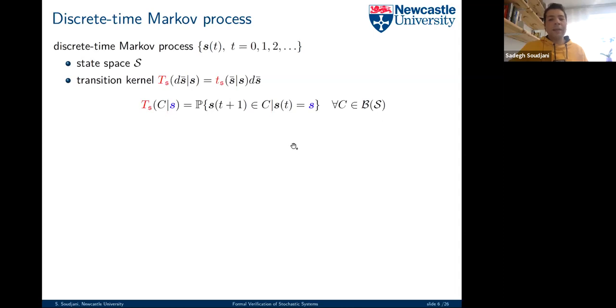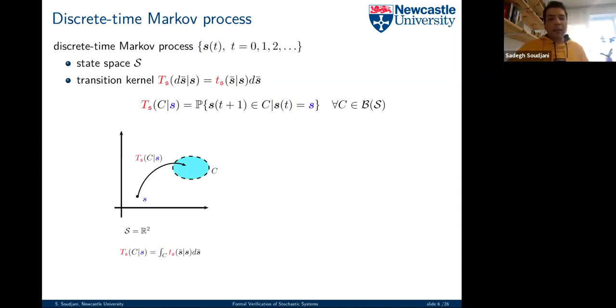And this transition kernel is defined only on the elements of the Borel sigma algebra. Another point that I want to emphasize is that usually these transition kernels are specified by density functions. And when you integrate these density functions, you obtain the probability associated to each subset.